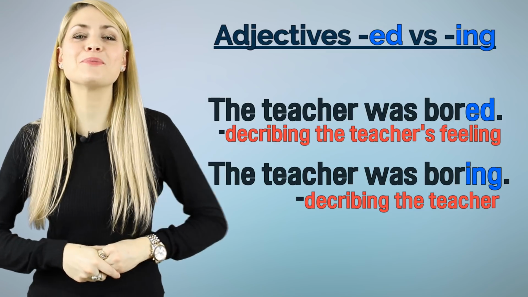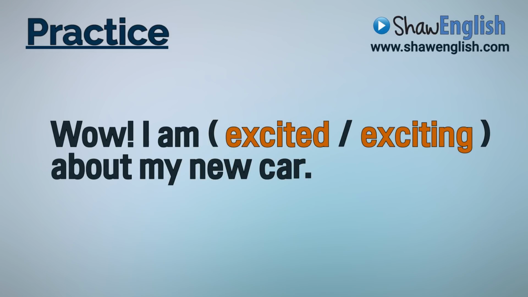Okay, let's move on to practice now. I now have a few example sentences for you. Let's have a look together. Wow, I am excited or exciting about my new car. Now, what's the correct answer? What do you think?